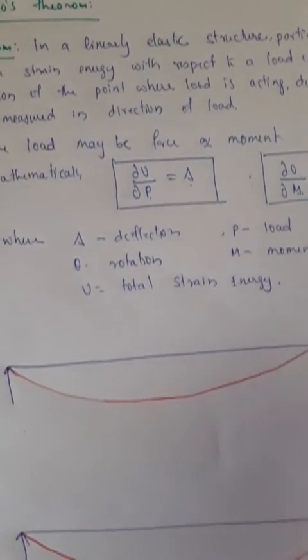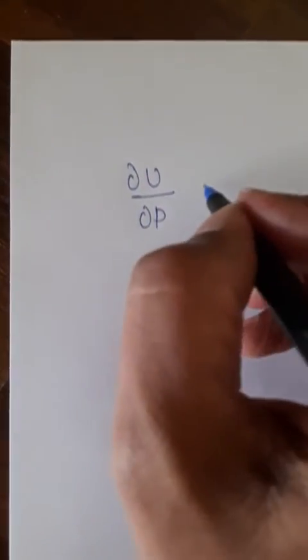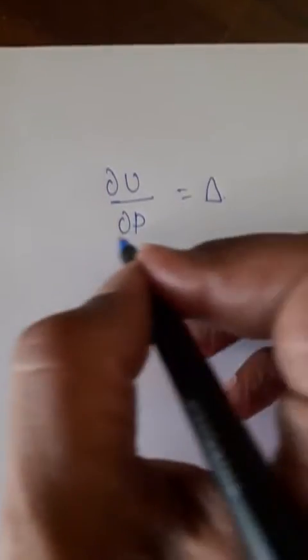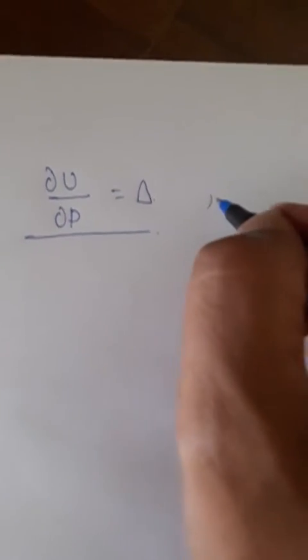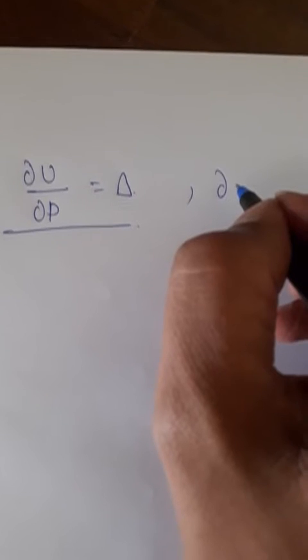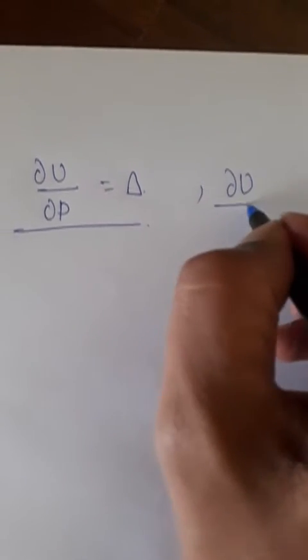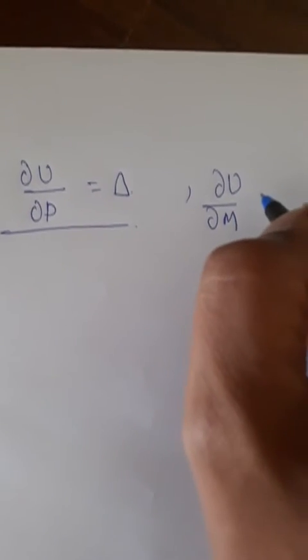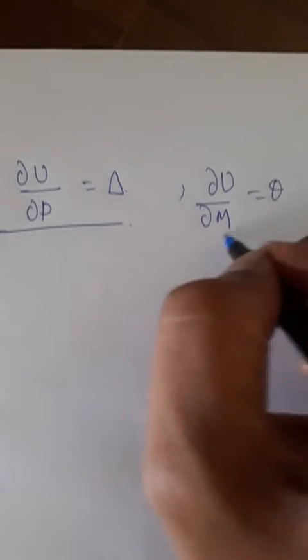So the statement says, if U is strain energy, the partial derivative of strain energy with respect to P gives us deflection delta. Similarly, the partial derivative of strain energy with respect to moment gives us rotation theta.